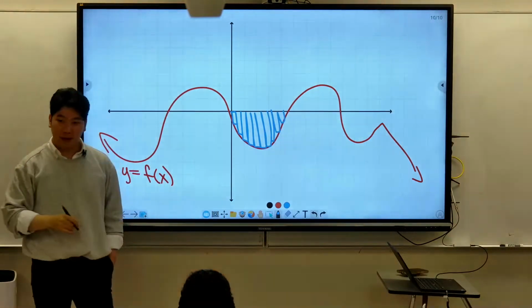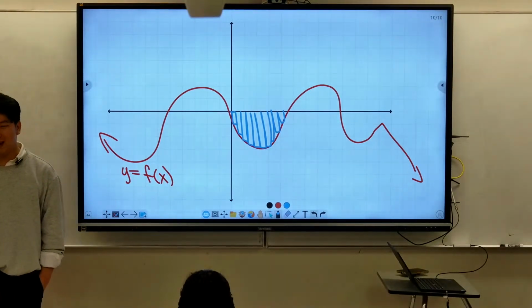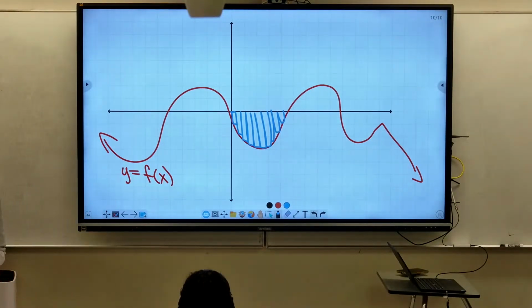That would give us a pretty good estimate of the area up to a certain point. But what we're going to do on Monday is much more accurate. We're going to have to figure out how to get that exactly. Not even an estimate, the exact number.